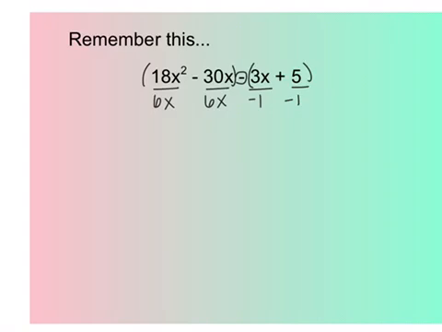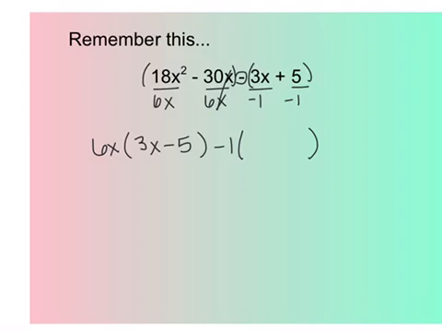Now I write my GCF of the first set multiplied by what is left when I do the division. 18 divided by 6 gives me 3. X squared divided by x gives me x. I have a minus. 30 divided by 6 gives me 5. X divided by x, those cancel each other out. Now that negative 1 is what I'm taking out.